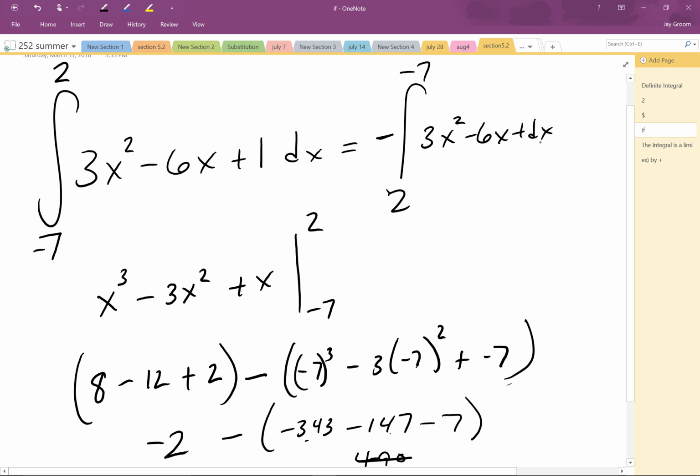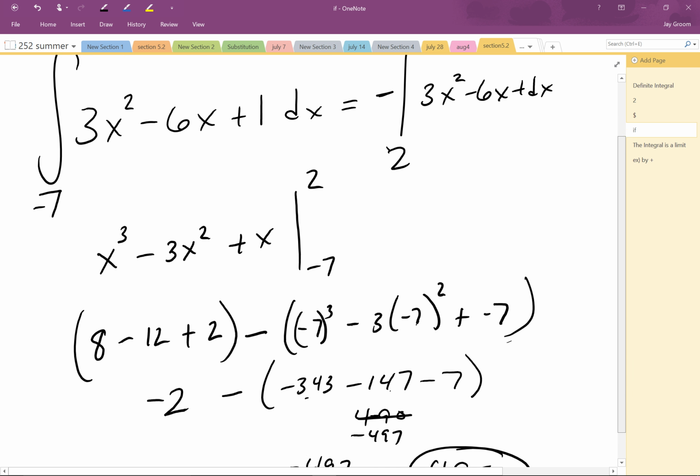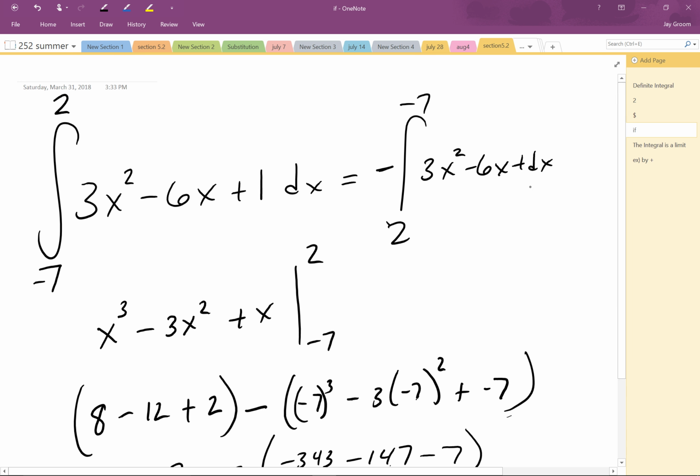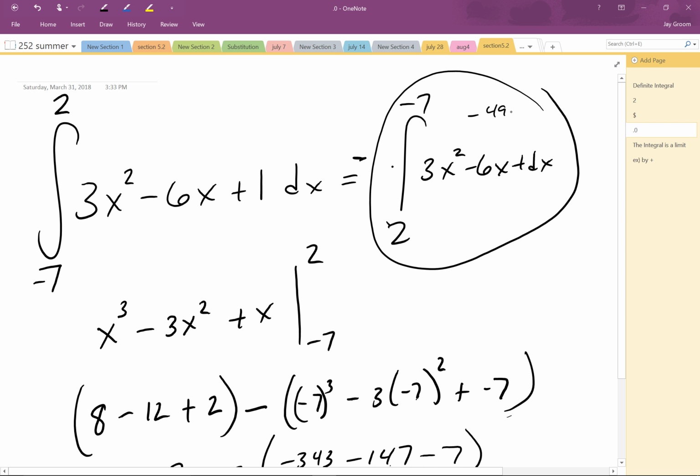And if you did this one, you would end up with positive 490. You'd ended up with negative 495. This piece inside the circle would have ended up being negative 495. And you take negative of that, you get the positive. They're opposite signs. That's the long and the short of that. Okay?